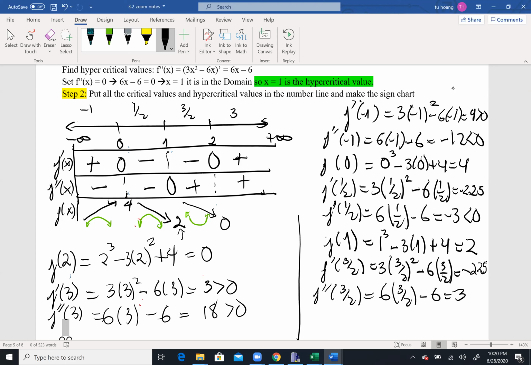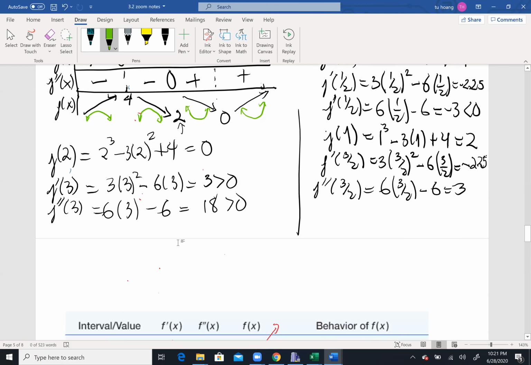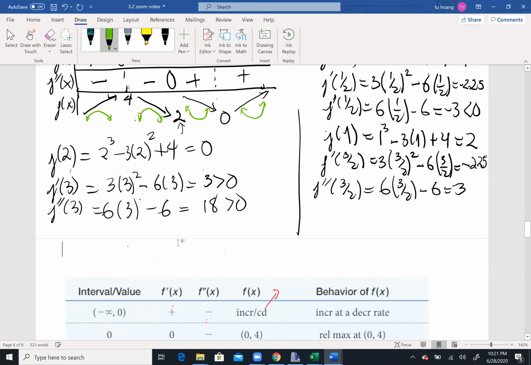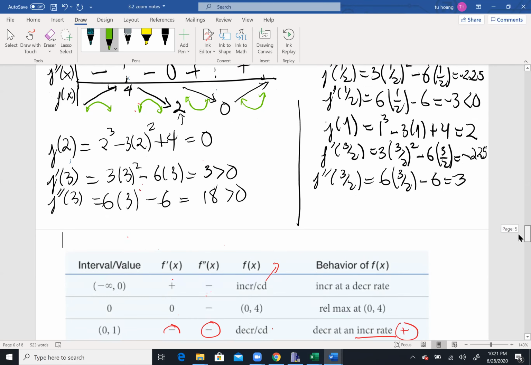Okay, so now I have f(x) has to be increasing again, and the concavity is going to be upward. Okay. So now I will have a summarized table. Actually, I wrote it down here. Okay.